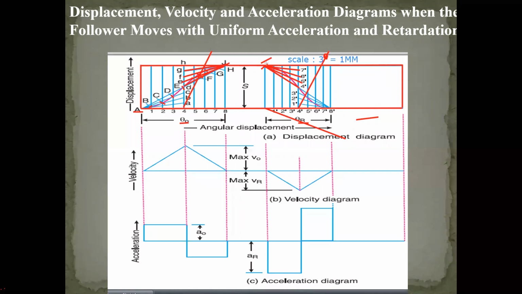Just mark those points. Now you have to generate the curve through the marked points. So now you get the curve. A parabolic type of curve is there. Is it clear how to construct our displacement diagram?